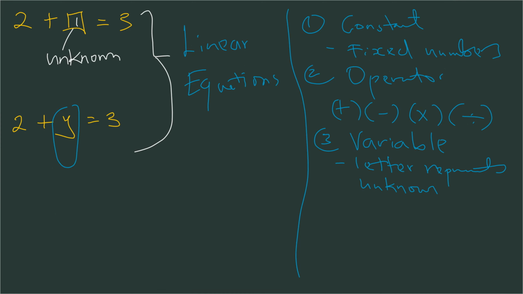For grade 7, we are only having one unknown. Later in grade 8, you will have linear equations with more than one unknown, like 2 unknowns. Now for grade 7, you're only focusing on one unknown.